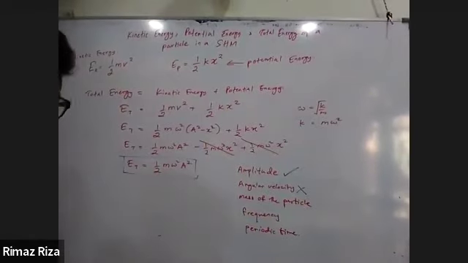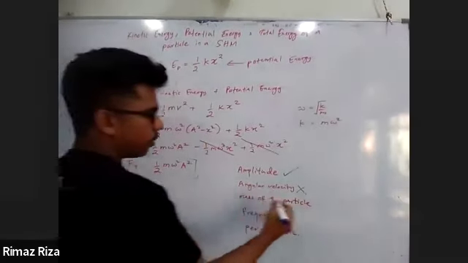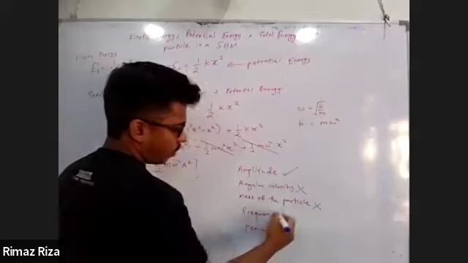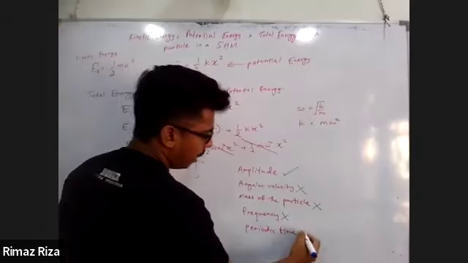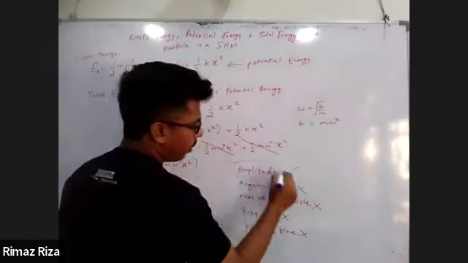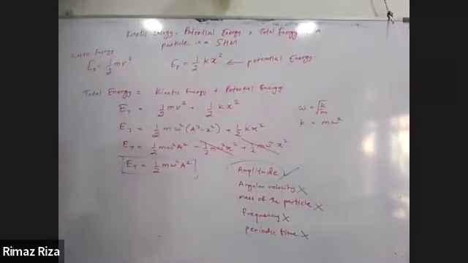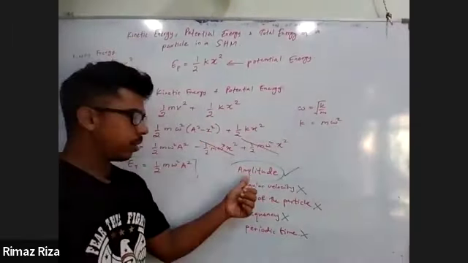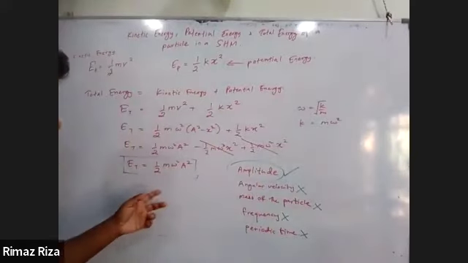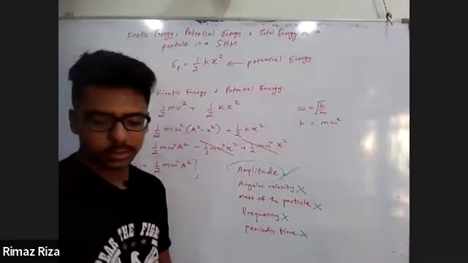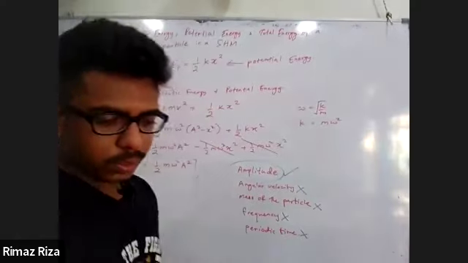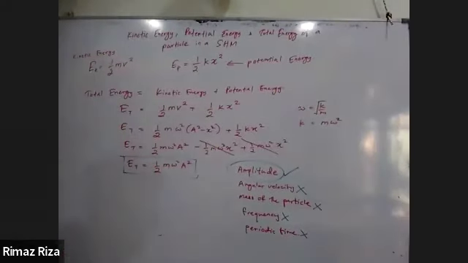Mass of the particle, no. Frequency, no. Periodic time, no. So only amplitude is the quantity that affects the energy of a simple harmonic motion. I think one year this was asked as an MCQ.